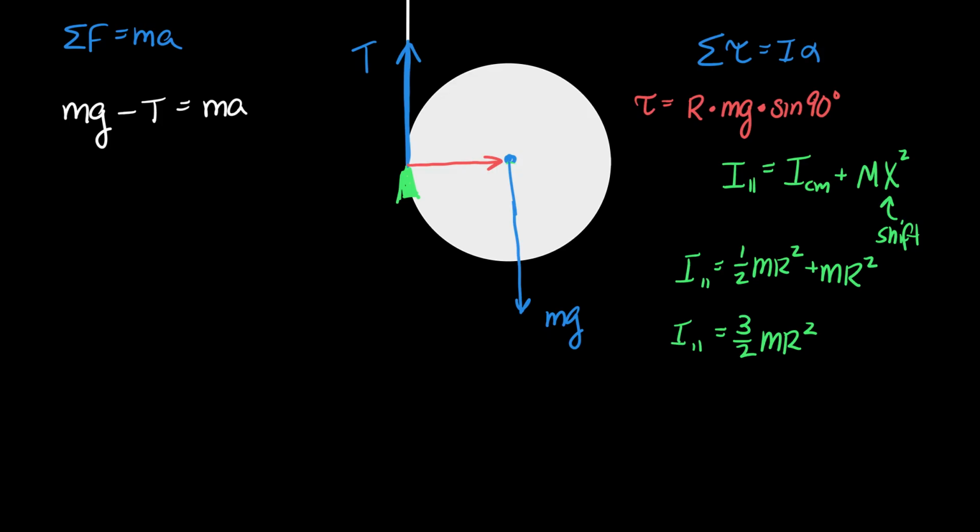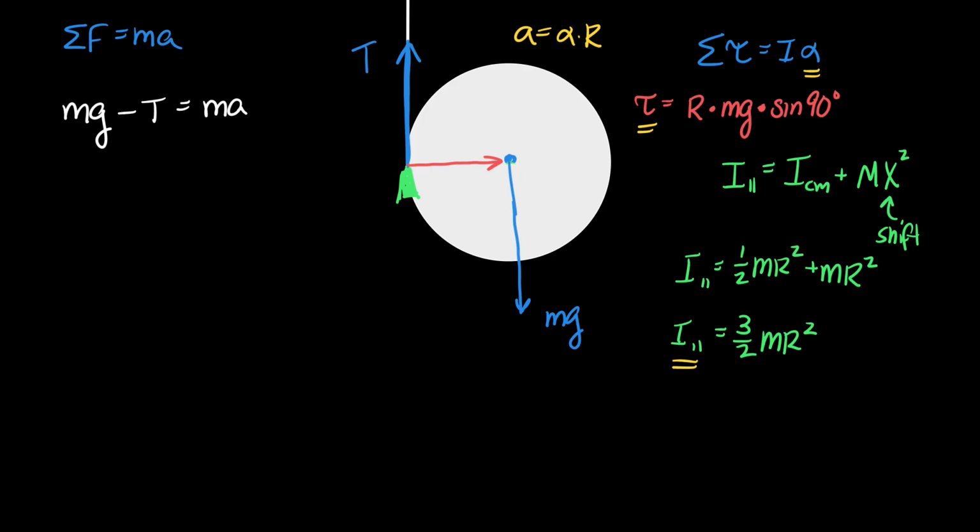All right, so we did the heavy lifting. We did the hard part. We had to use the parallel axis theorem. It's terrible. So now we can put everything together, though, because we have our torque, we have our moment of inertia, and this one, a equals alpha times R by definition, because it is rolling. Anytime something is rolling, you can automatically use that.